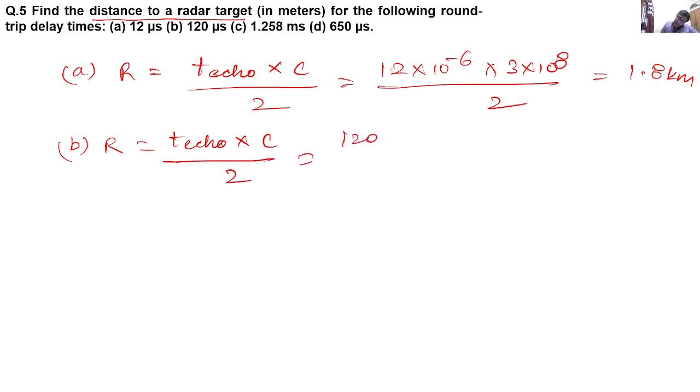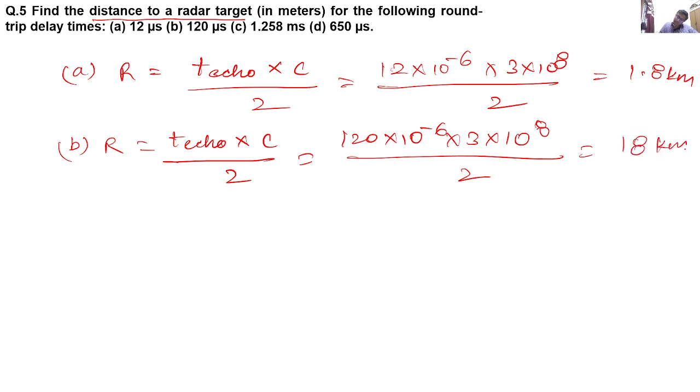So it is 120 into 10 to the power minus 6 this time into 3 into 10 to the power 8 by 2, which is equal to 18 kilometer. Because the time increased by an order of 10, so the range or the distance also increased by an order of 10.